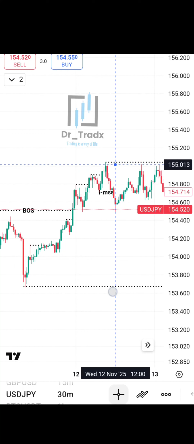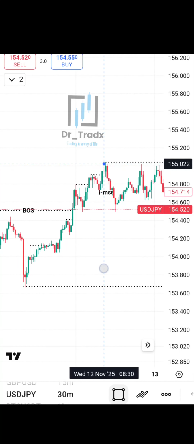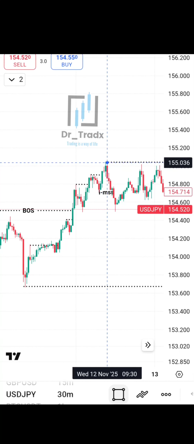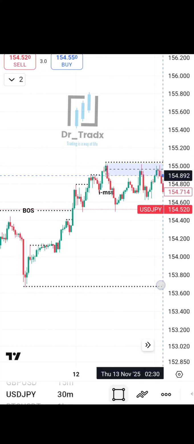If you were to enter the market at that zone, you would have entered at the extreme, or the premium zone, because you want to sell. You sell from an expensive zone and you buy from a discount zone.